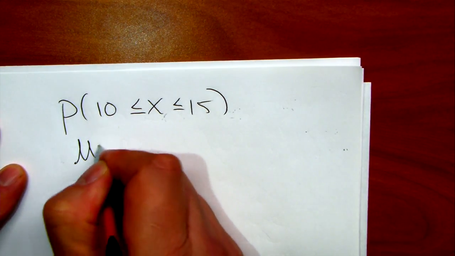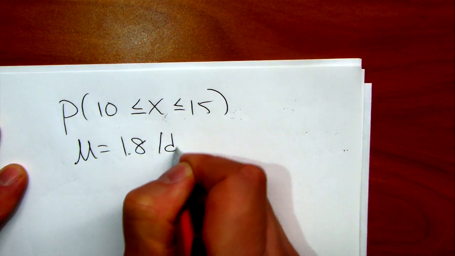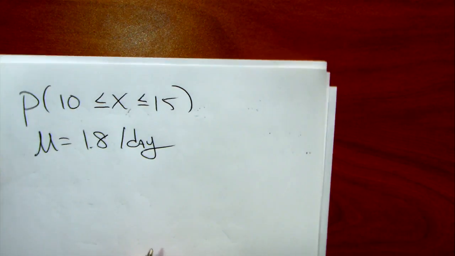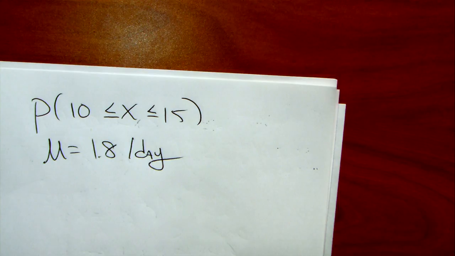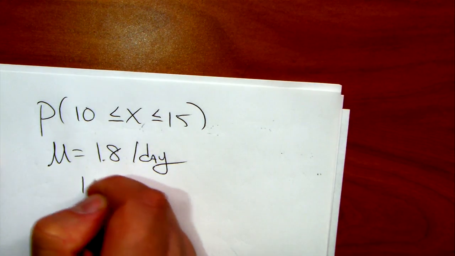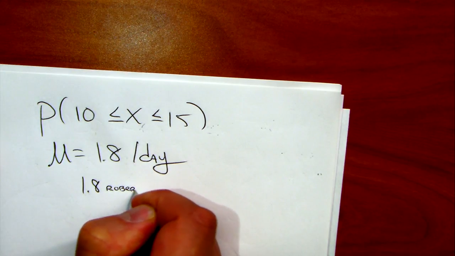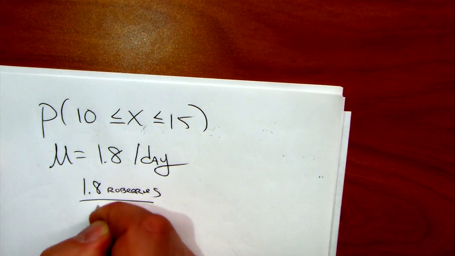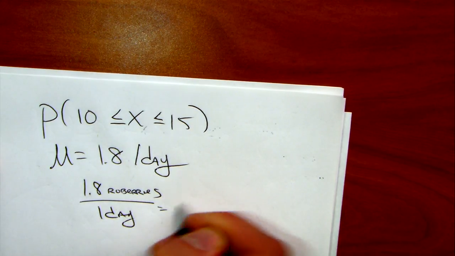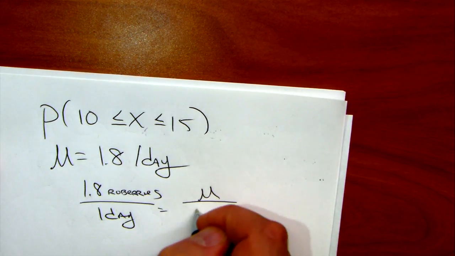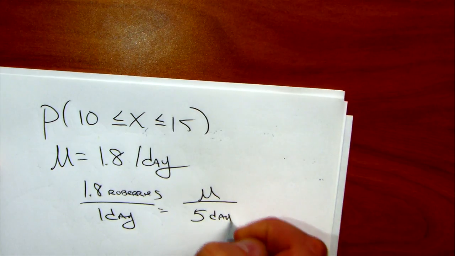It tells me my average is 1.8 per day. So I'm looking over a 5-day period, so that means I better adjust my average. Let's do it, 1.8 robberies for 1 day is equal to how many robberies in 5 days?